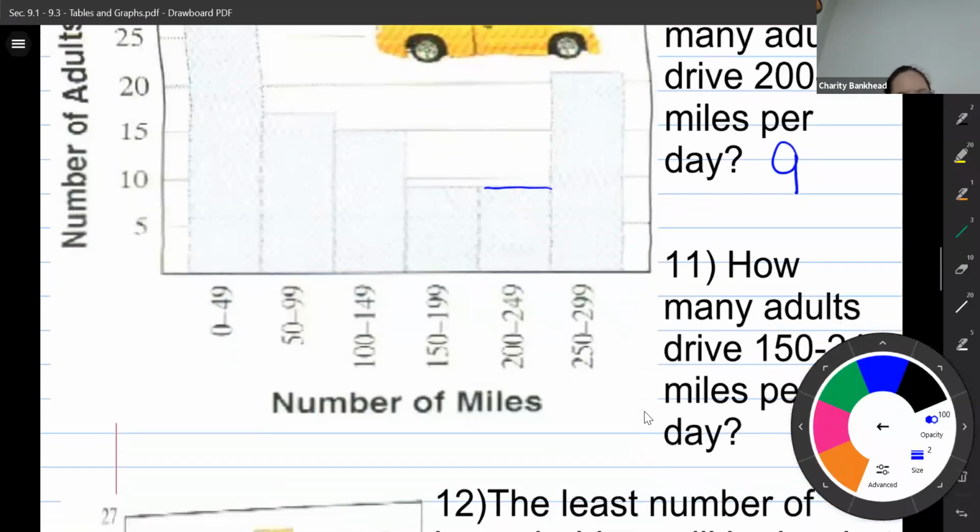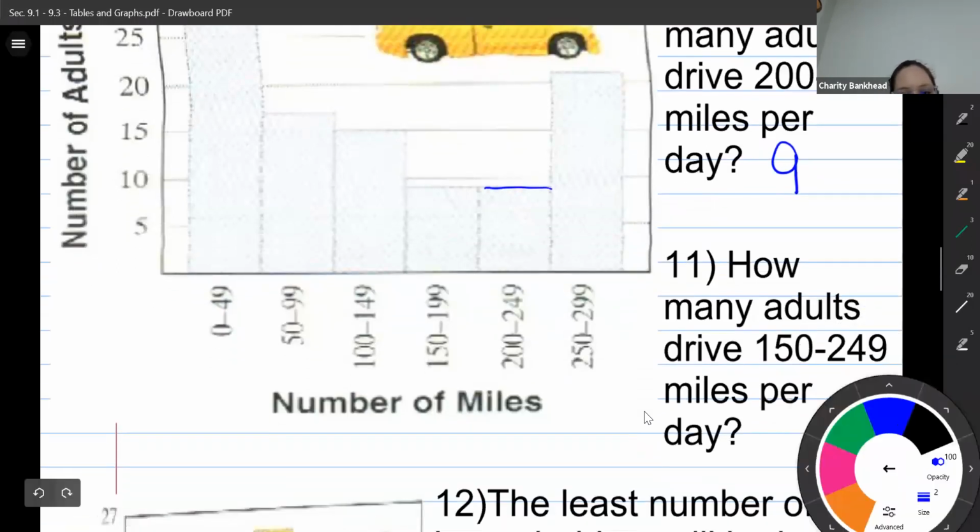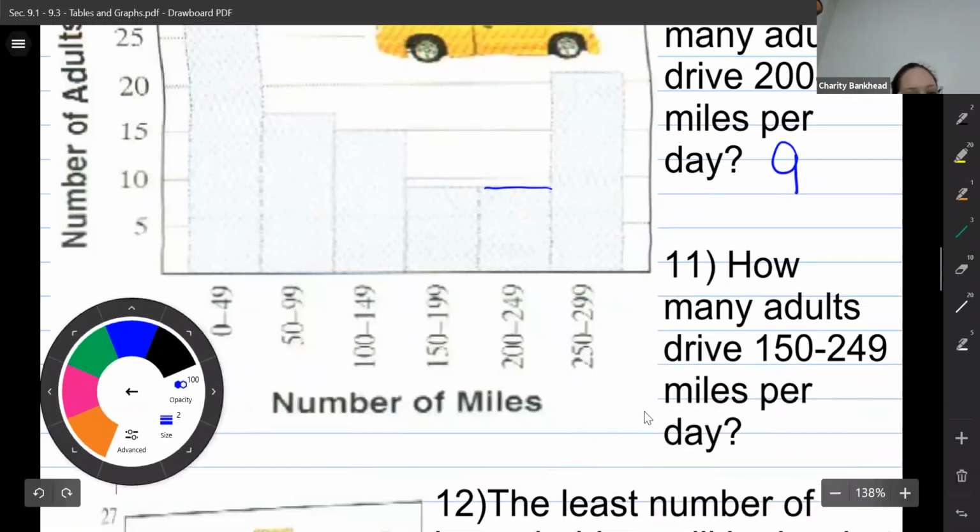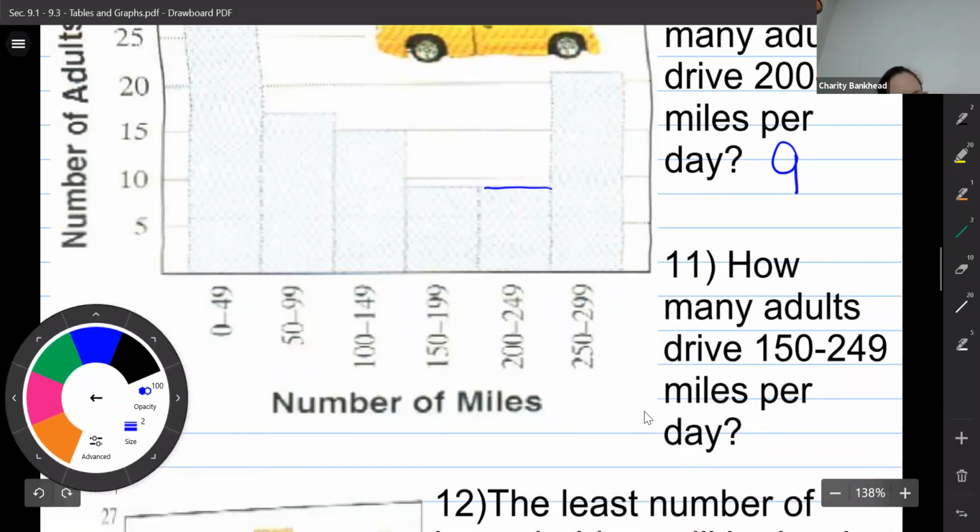And then the next question says, how many adults drive between 150 and 249? So we would have to add up 2 of the categories. 150 to 199 also looks like 9, and then add the 200 to 249, which is also 9. So 9 plus 9 is 18.